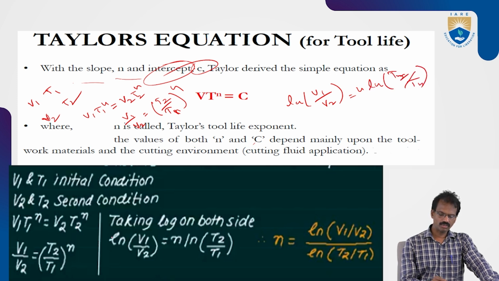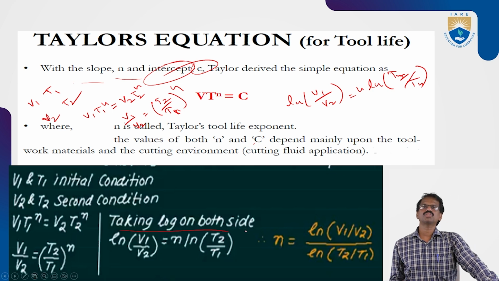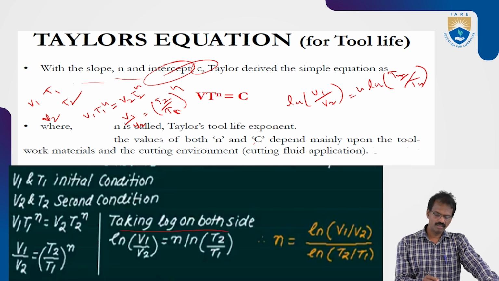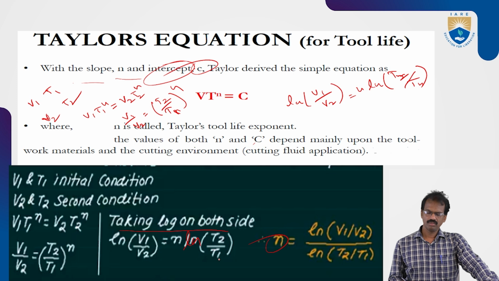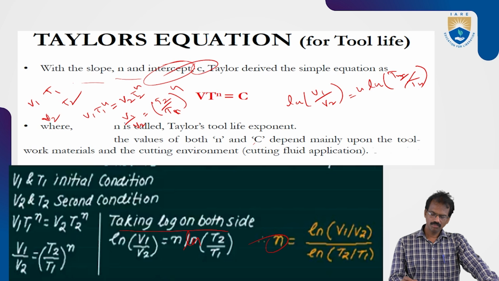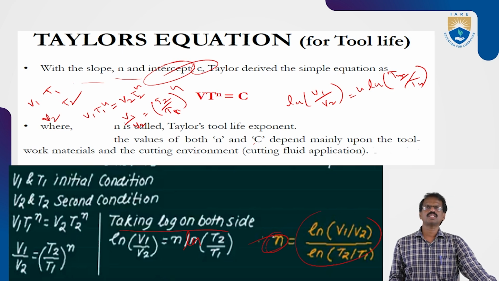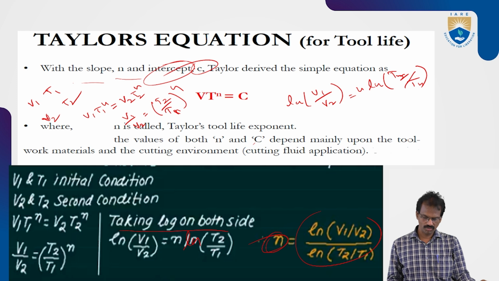So taking the log on both sides, n is equal to ln v1 by v2 divided by ln t2 by t1. So this is the formula. By using this parameter, we can find out the exponent of Taylor's tool life.